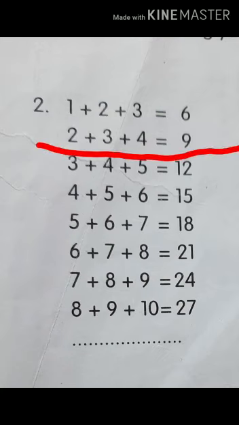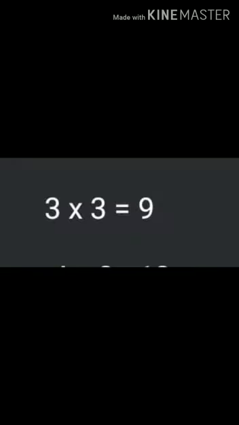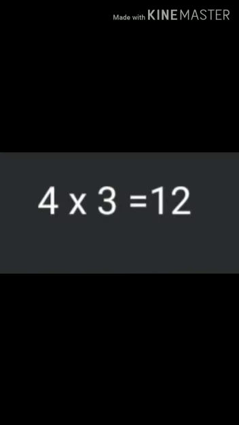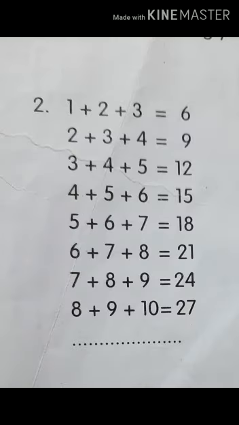The middle number is 3. 3 multiplied by 3 is 9. Now look at the third row. We will take the middle number. The middle number is 4. 4 multiplied by 3 is 12. So here the answer is 12. In the same way we will take the middle number of the fourth row, that is 5.